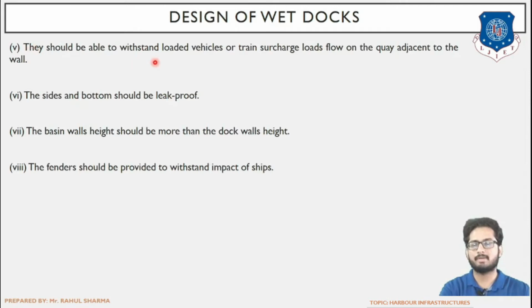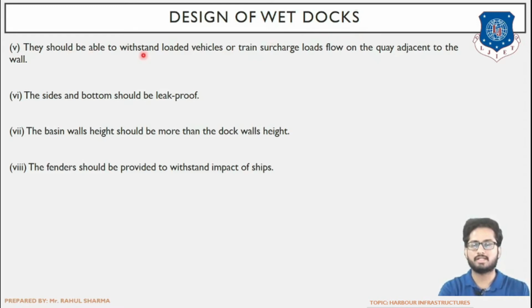Next, they should be able to withstand loaded vehicles or train surcharge load on the quay adjacent to the wall. That is the moving load, that is of vehicles or trains which will be carrying the cargo or commodity which is unloaded. As we know, the purpose of wet dock is the loading unloading operation.